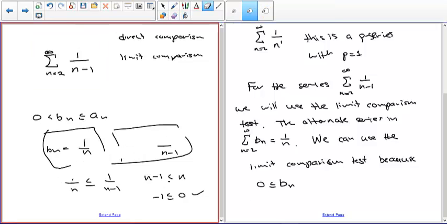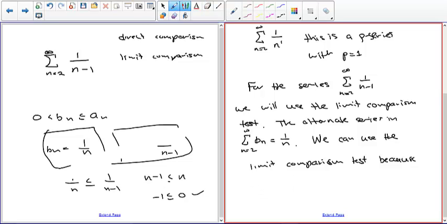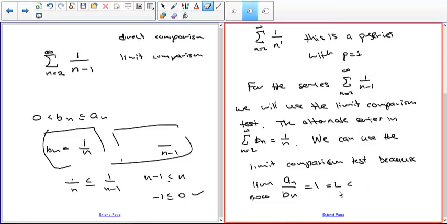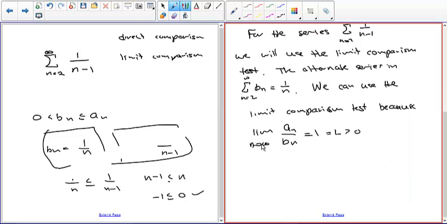That's one good thing about writing it out: you realize what you're doing. Okay, so we can use the limit comparison test because the limit as n goes to infinity of a sub n over b sub n equals 1, which is equal to L, which is greater than 0. So that's really the only criterion required for the limit comparison test. That other part was for if we wanted to use the direct comparison test. If I confused you there, I apologize.